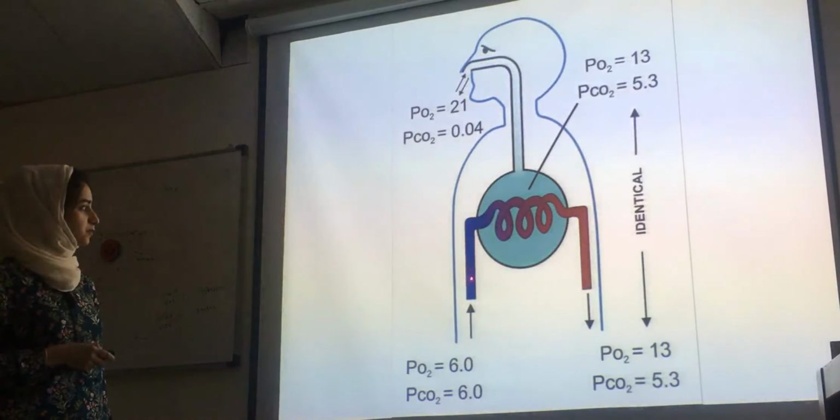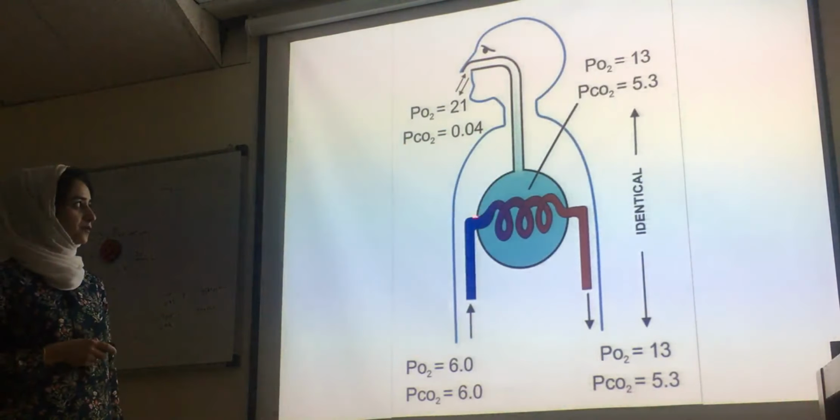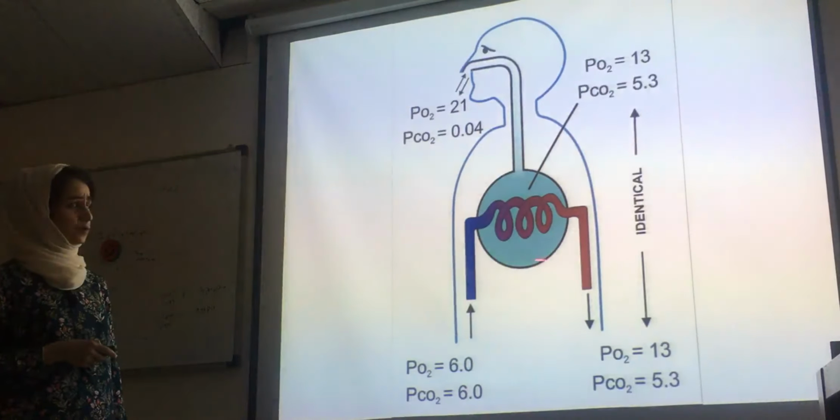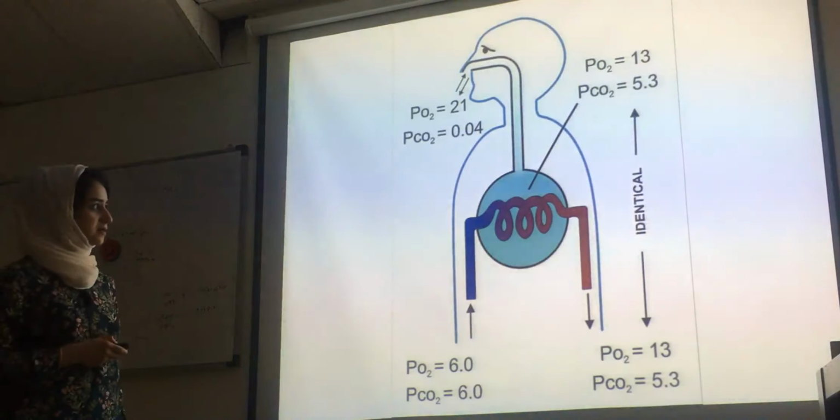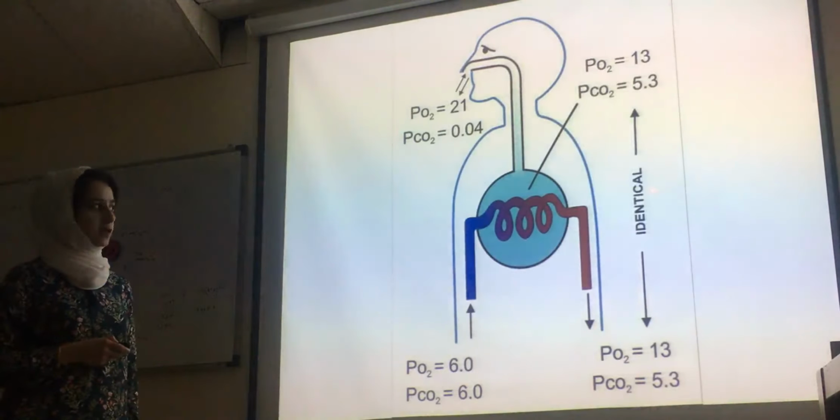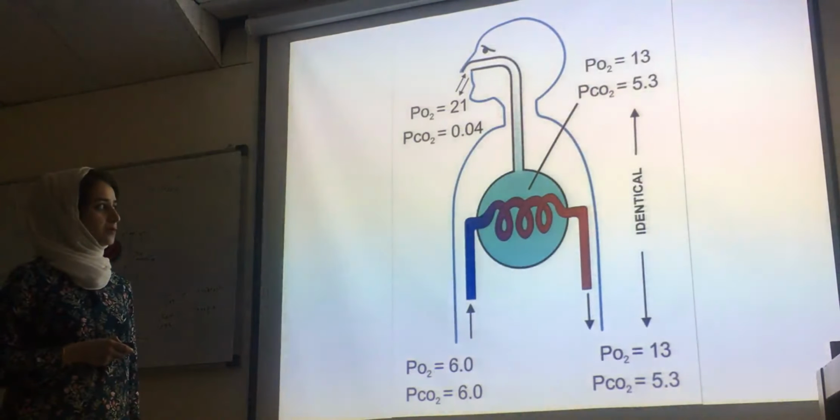As you know, this is the pulmonary artery, and it's in blue because it comes from the tissues, while the pulmonary vein, opposite to other systems of the body, is red, and it brings the oxygenated blood to the heart.